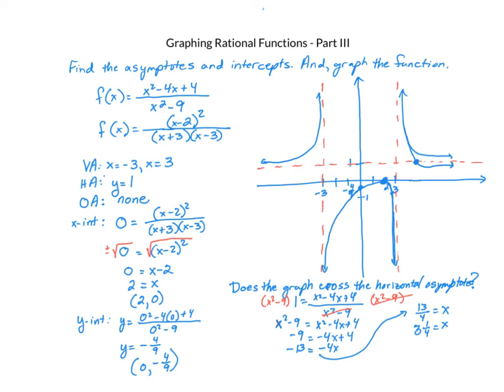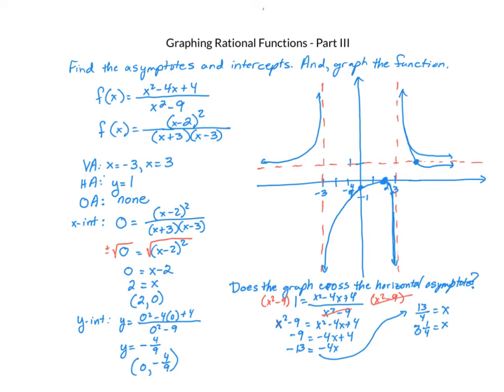So let's see where that is. Let me come over here. 3 1/4 is actually right here. That means the graph has a point right here. So it looks like, number one, it's going to hug the asymptote a little bit closer, but we do know, in fact, that there is a point where the graph will cross that horizontal asymptote.